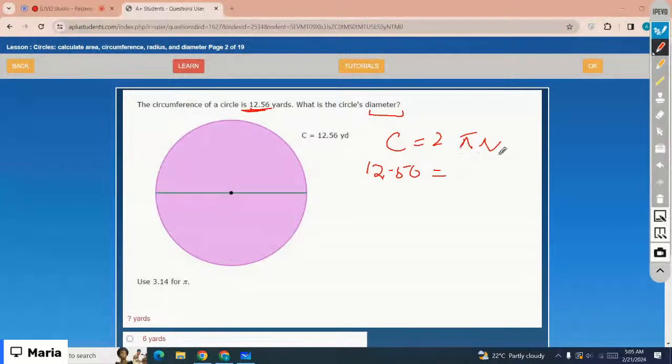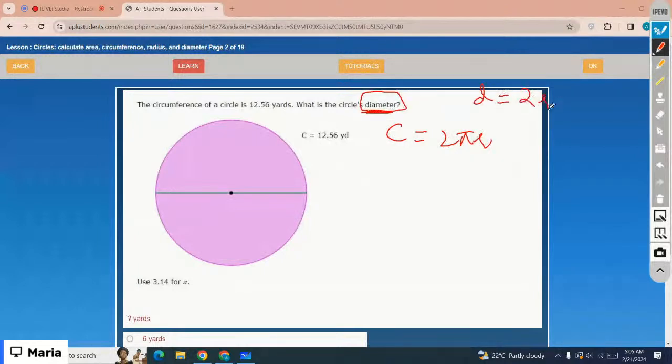Basically, circumference is C equals 2 pi r, right? You need to find a diameter. We know that the diameter is twice the radius, because this is just the radius and the diameter is 2 times r, right?